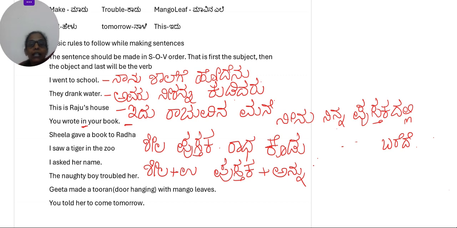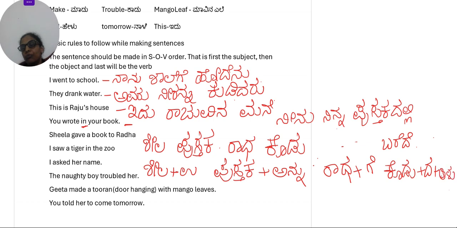So to Radha we have to add the suffix for that also, right? And kodu is the verb. Now kodu, how we will convert that into past tense? Kodu plus de plus, this is third person. Sheila is a third person female single, right? So alu. Alu is the suffix.